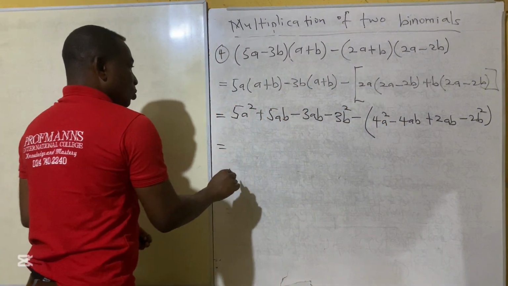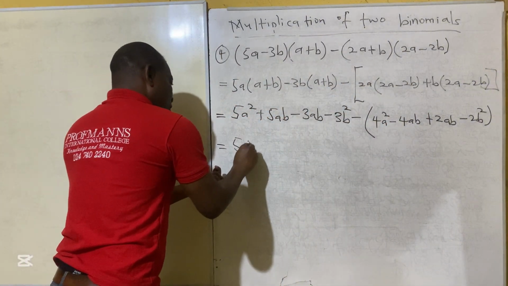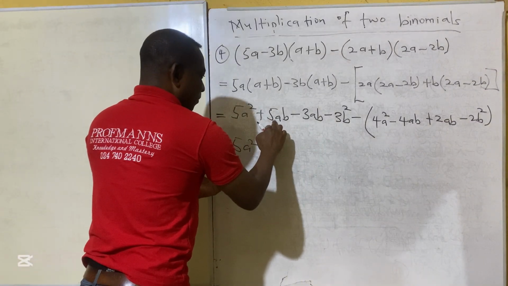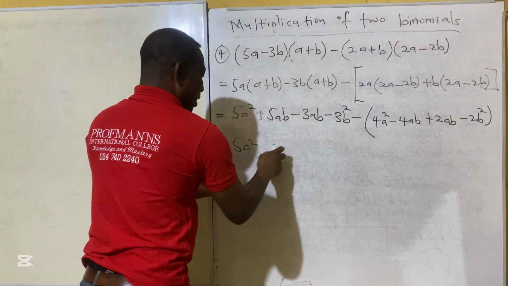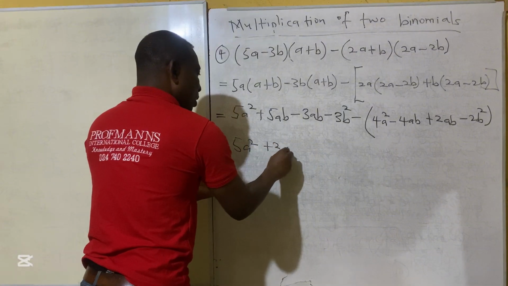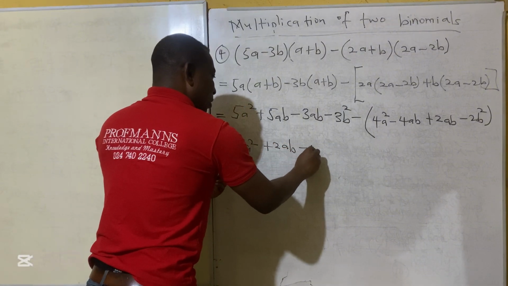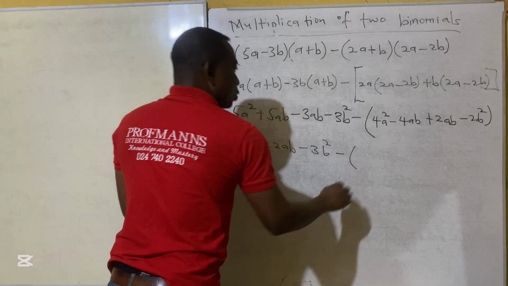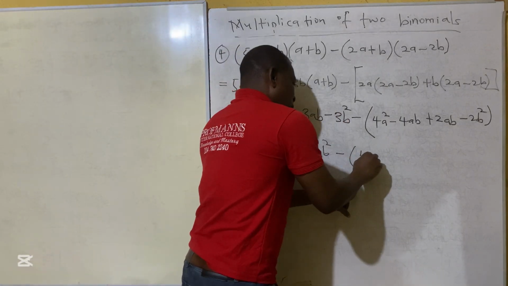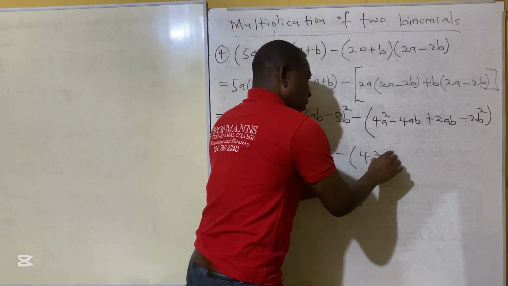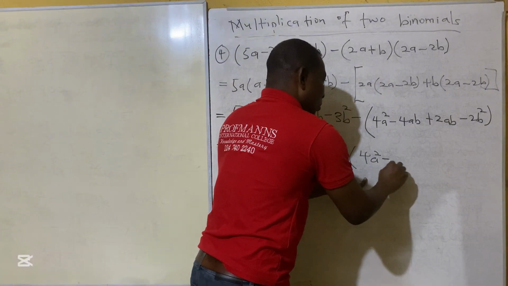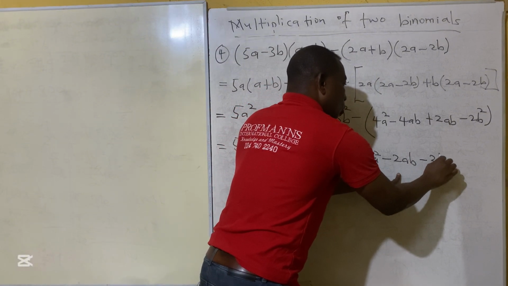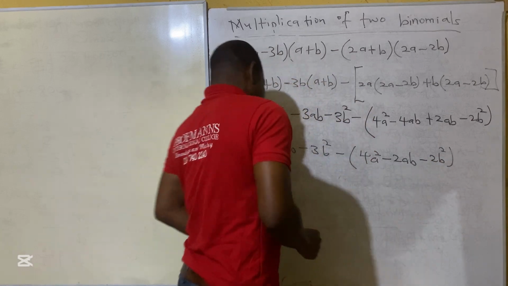So this is equal to 5a squared. We simplify the middle one. 5ab minus 3ab will give us positive 2ab, minus 3b squared. Minus into, we simplify here, 4a squared, and then this will give us minus 2ab minus 2b squared.